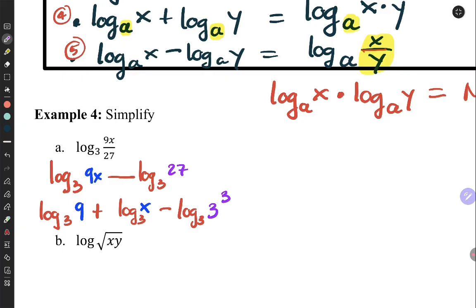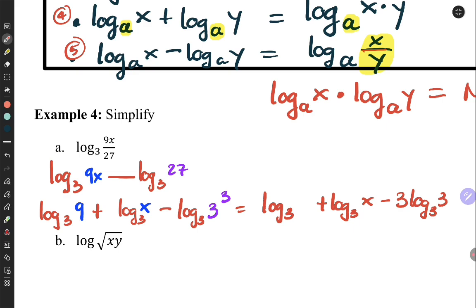Okay. So keep going. I have plus 3 of x minus 3. I'm going to simplify as much as possible. What did I do here? I do the power rule, a power rule for logarithm. That power inside, I can move it to the front.